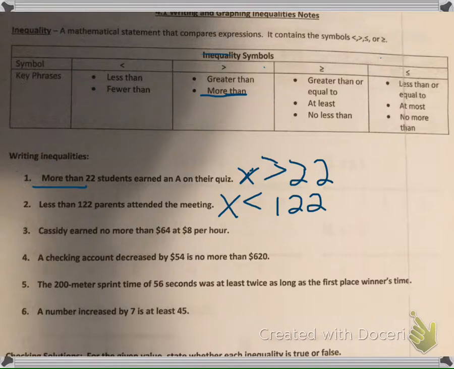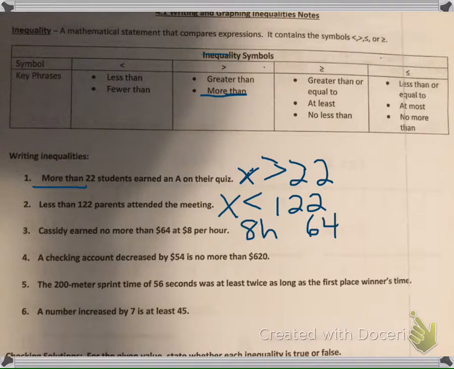Cassidy earned no more than $64 at $8 per hour. So this is not just an inequality with a variable and a number. This is going to have an operation. It's $8 per hour, but you don't know how many hours. When you don't know a number, you use your variable. So I'm going to use 8H for hours, and then we have 64.